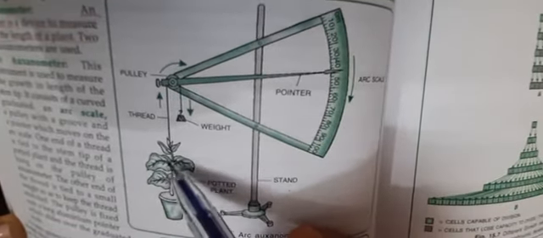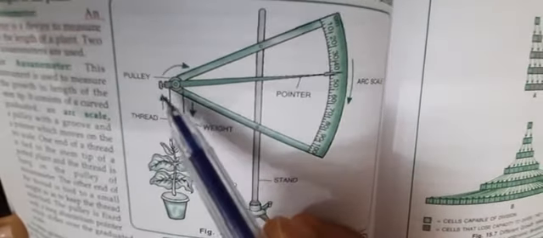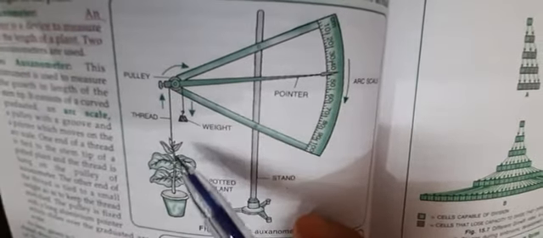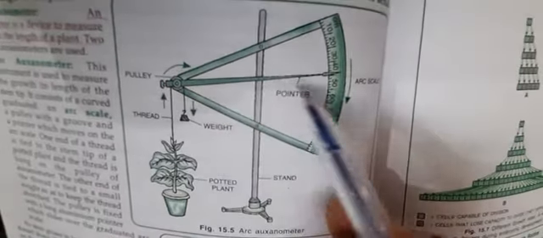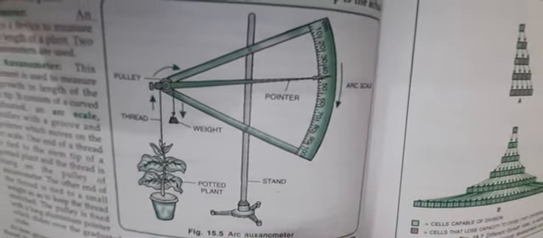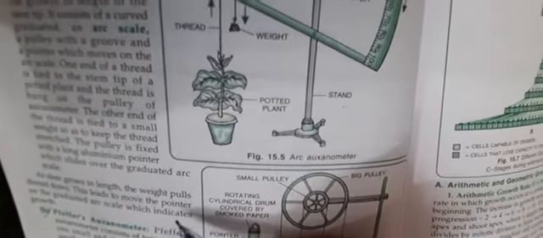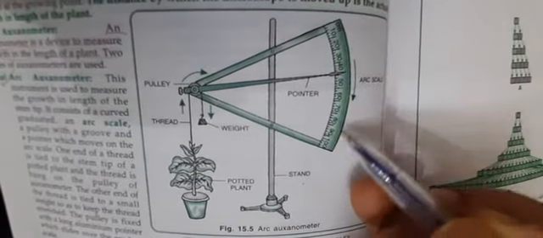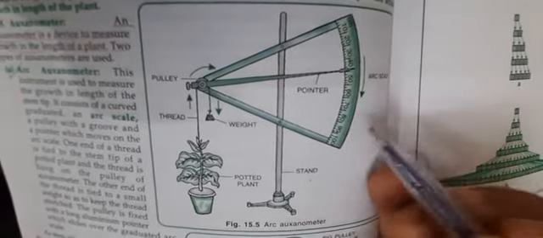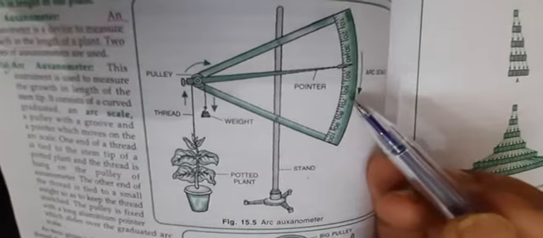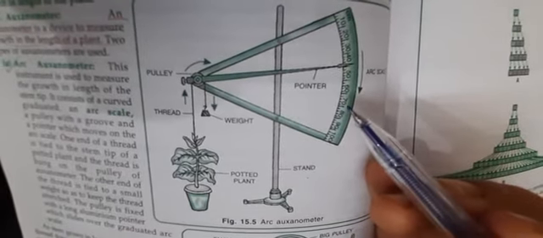When the stem grows in length, the weight pulls the thread down. This leads to move the pointer on the graduated arc scale, which indicates the growth of the plant. By reading how many digits the pointer has moved, we can calculate the growth of the plant.